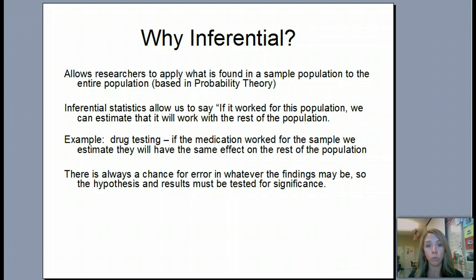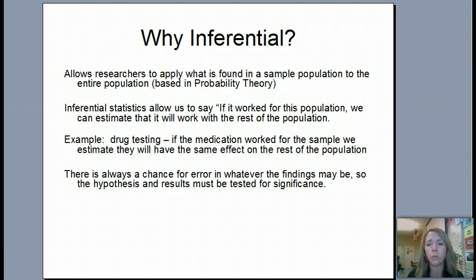There are numbers out there that tell you whether it's a big enough population to apply to other populations. They say like 1,500 people. If I find what's true of 1,500 people in a population, I can pretty much apply that to the entire population. So there's always a chance for error when we say something's statistically significant.